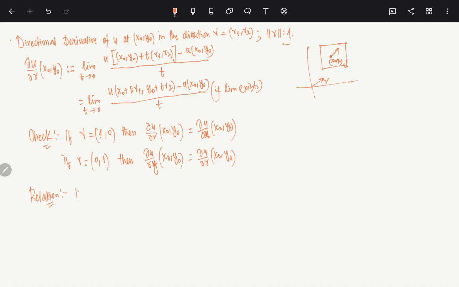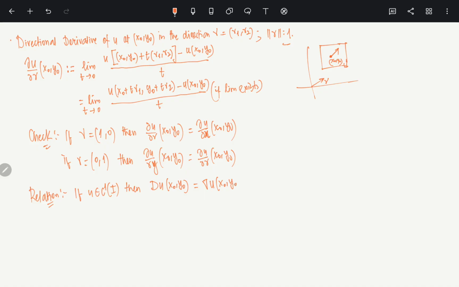You see, if u is differentiable, let's not go there, it will become more complicated. Let's say that u is C1 of I, so there is some rectangle I where u is continuously differentiable, then the derivative of u, d of u, at some point x naught, y naught is nothing but the gradient of u at the point x naught, y naught.